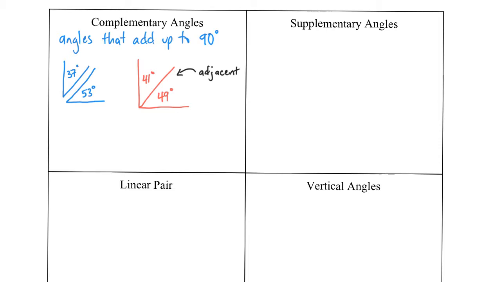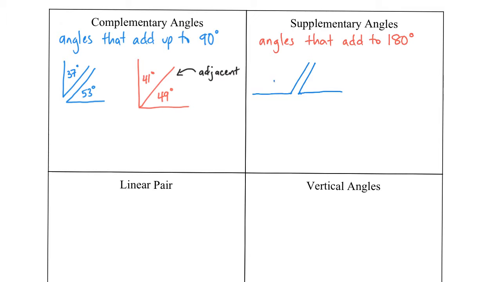Let's talk about our supplementary angles. Our supplementary angles are angles that add to, yeah, you know it, 180 degrees. So, just like our complementary angles, they don't necessarily need to be adjacent to each other.